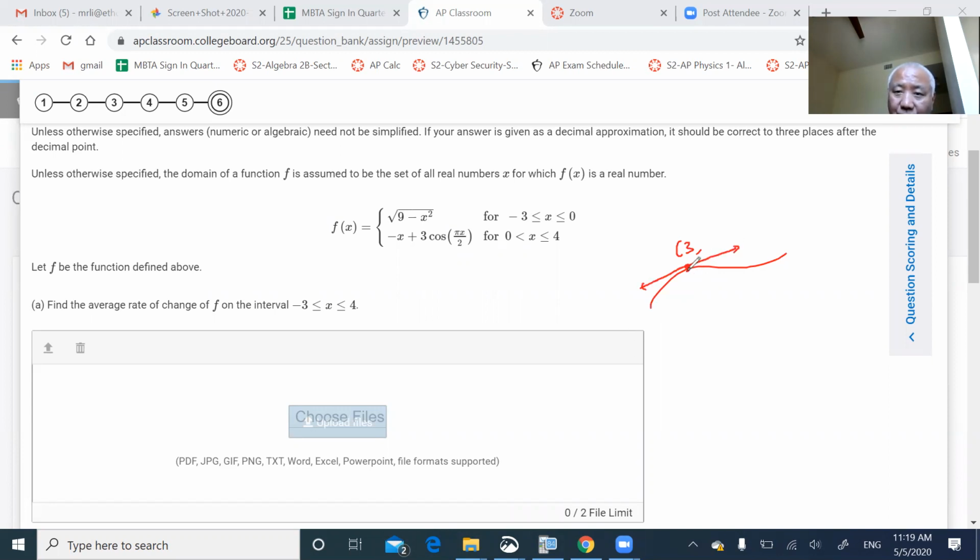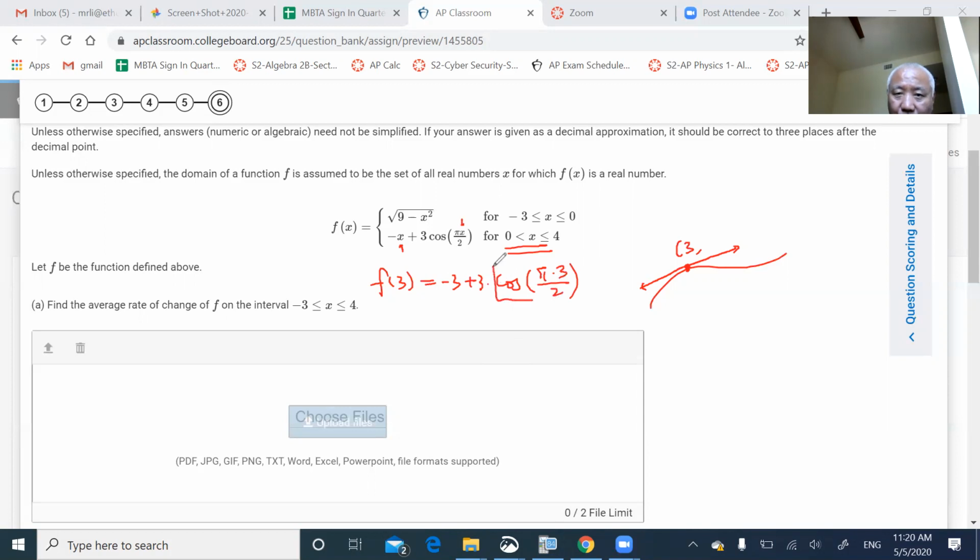First things first, we have to determine this point. So x equals 3 belongs to this interval here, right? So we have to plug in 3 here, okay? Let's find f(3). f(3) equals -3 plus 3 times cosine of pi times 3 over 2.